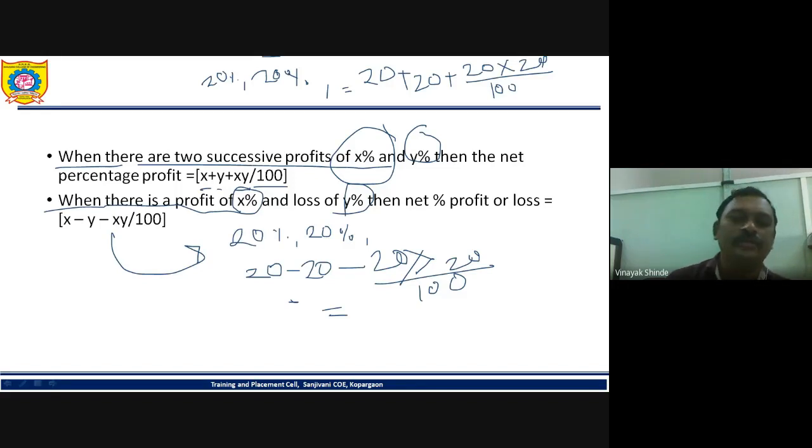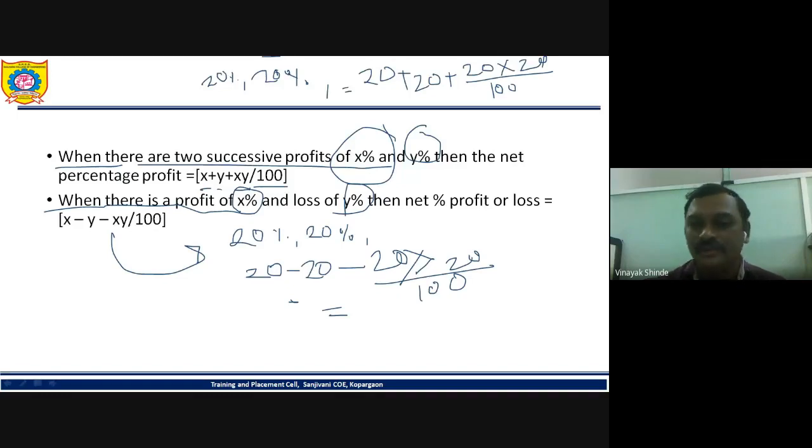Even for calculation of compound interest, we use the same formula. If the interest over some principal is 20%, and if the interest is calculated as compound interest, then the total interest is X plus Y plus XY by 100.